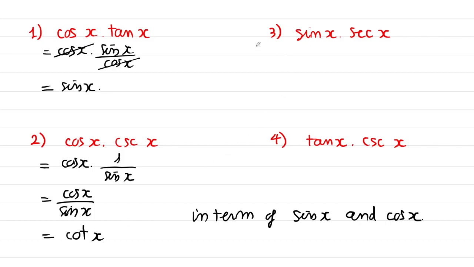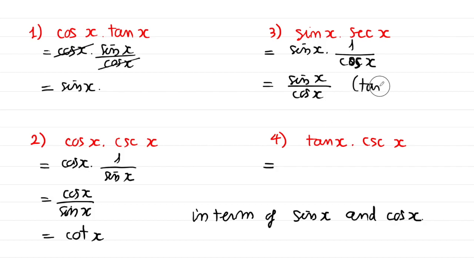Question 3, you have sine x and sec, which means 1 over cos. And you will have sine x divided by cos x, like this. This one is also equal to tan x.